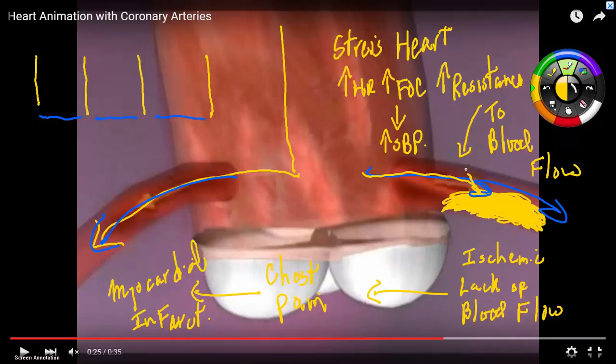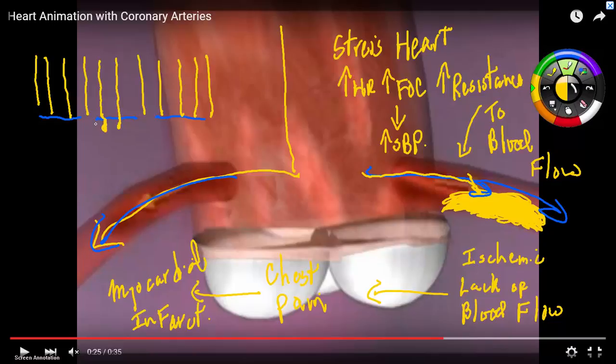So if your heart rate goes up and your heart is working harder, what happens to the amount of time that the coronary arteries are going to be getting blood flow between each beat? That time is now significantly reduced. So this is why they will give someone a stress test.